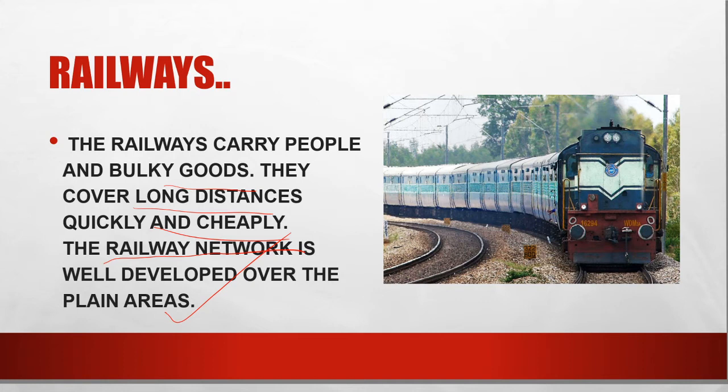Now I will compare railways with roadways. What is the difference? We can say that for short distances, roadways is the best method, and for somewhat longer distances, railways is the best choice. This is the first point of differentiation.